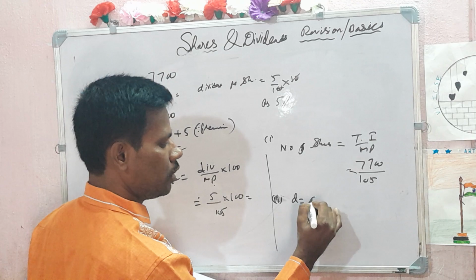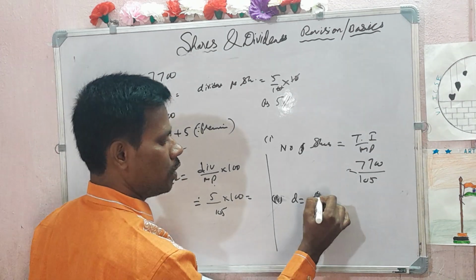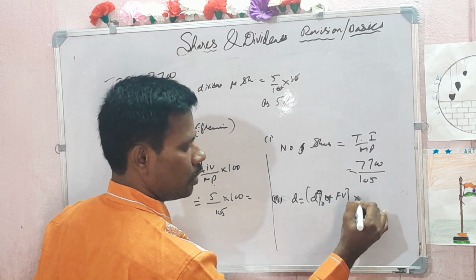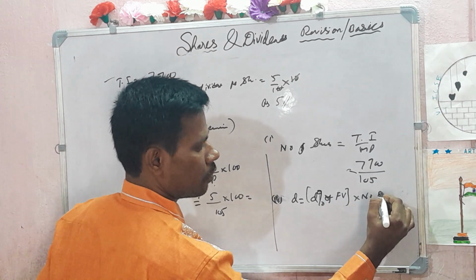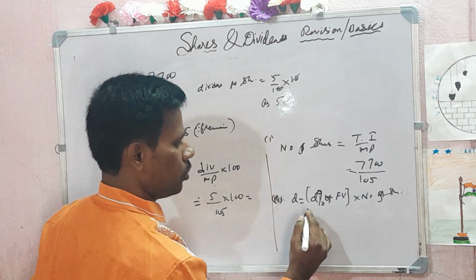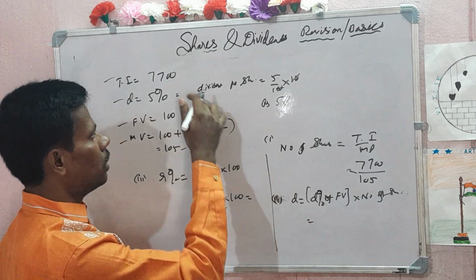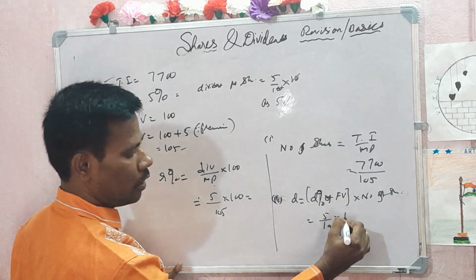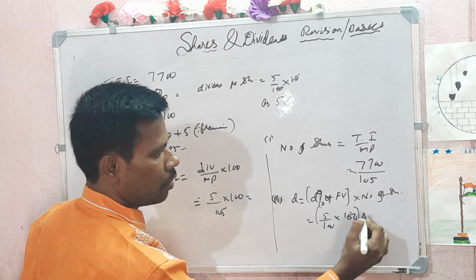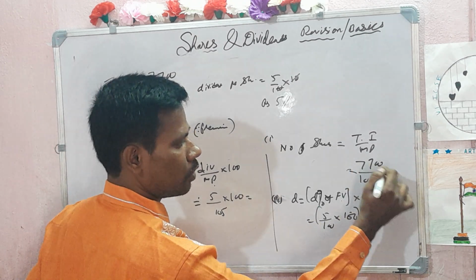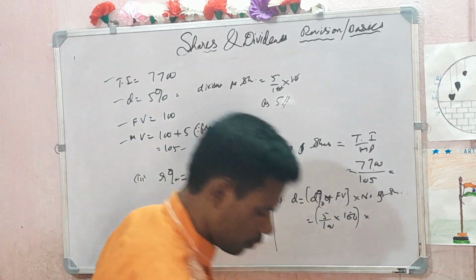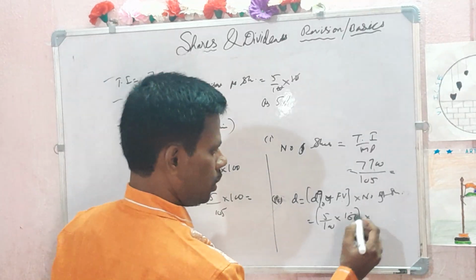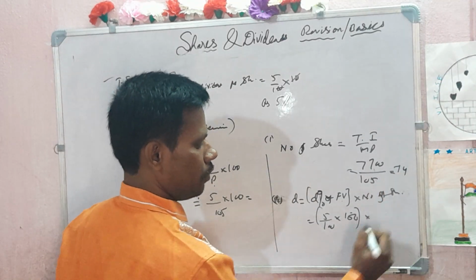Dividend is equal to dividend percentage of face value into number of shares. Dividend percentage is nothing but dividend. Just write this formula, put it as it is: face value 100 into number of shares. 7,700 divided by 105 is nothing but 74.